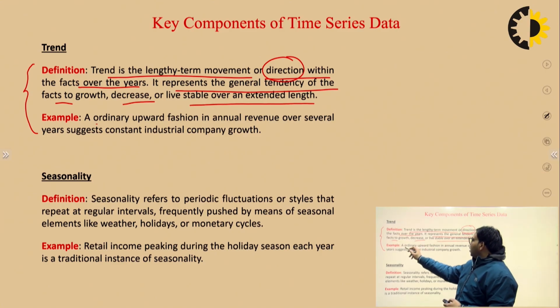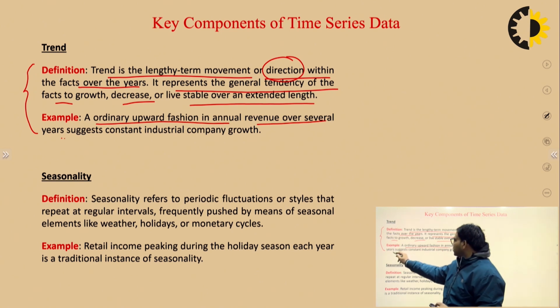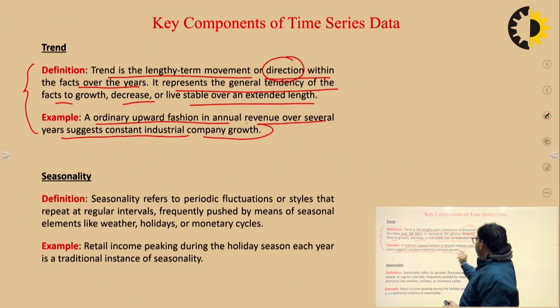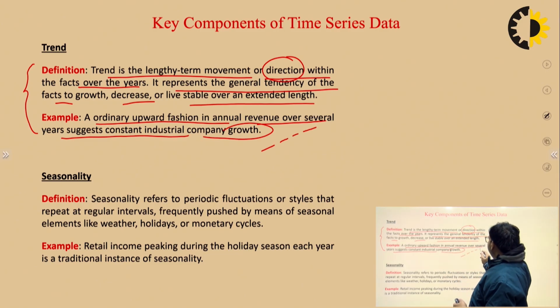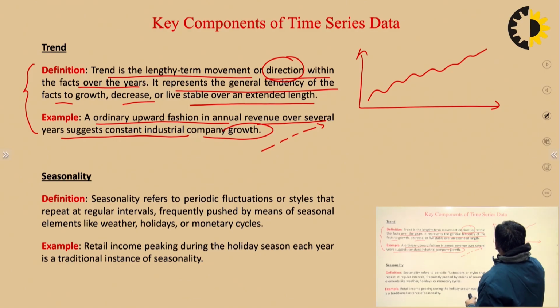An example is an upward trend in the annual revenue over several years, which suggests constant company growth. If the sales data looks like this, simply we can see it is showing growth over a period of time. The company's revenue or business is towards the growth side.